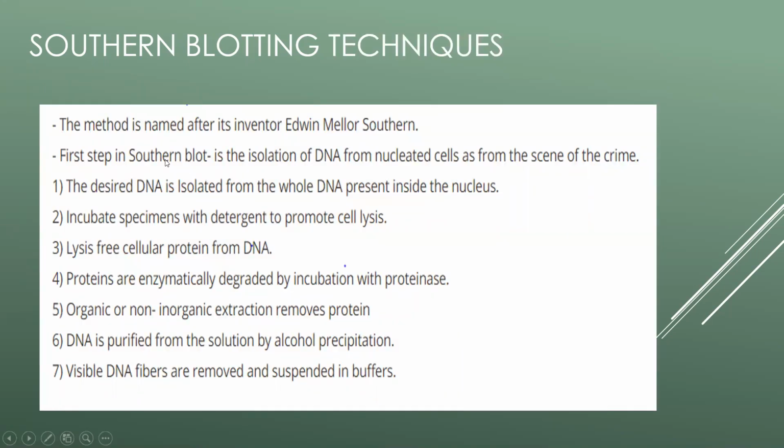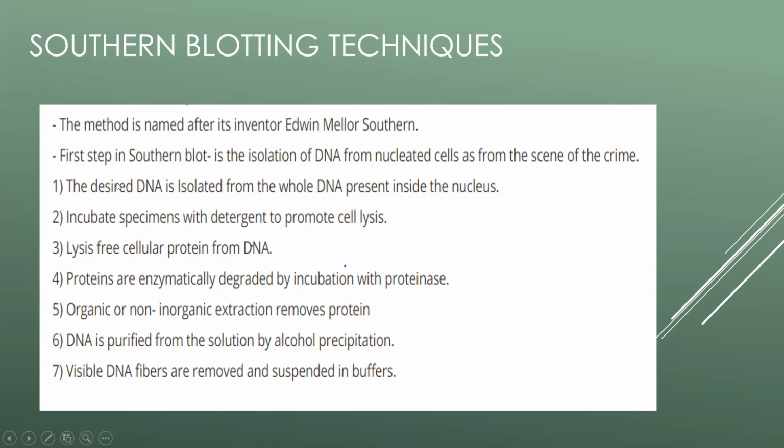Look at here. First step, isolation of DNA from nucleated cells, as from the scene of a crime. First, the desired DNA is isolated from the whole DNA present inside the nucleus. That is called genomic DNA. Whole DNA means genomic DNA.